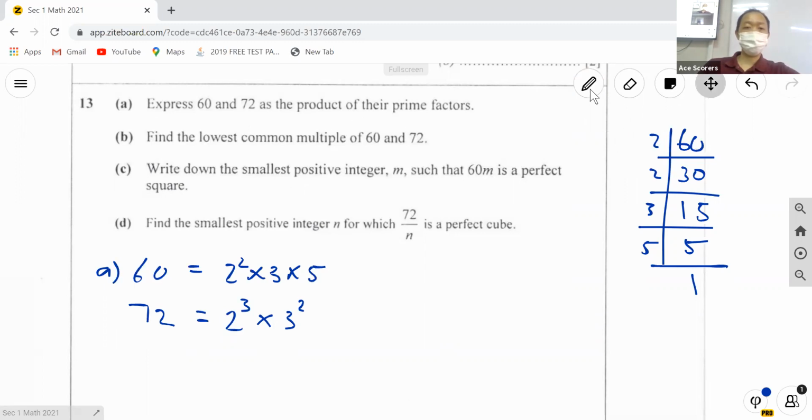All right, do you remember B? Can you try B? How to find the LCM? What do you need to do? You want to find the lowest common multiple. What do you do? Samuel? For me, I just put all the multiples there.